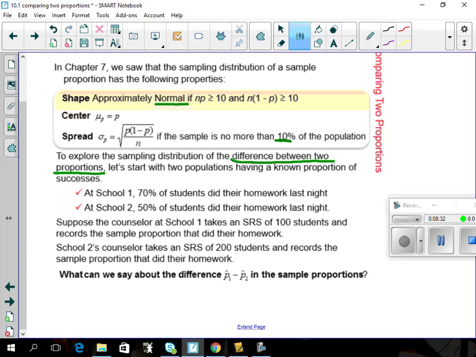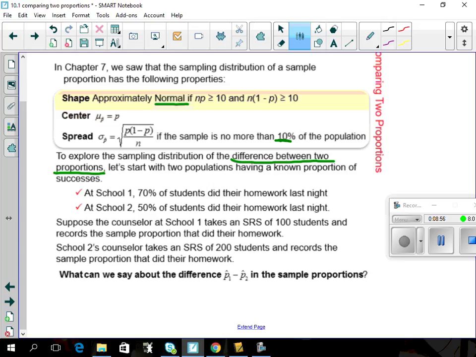So let's say we have two schools. Homework seems to be a big thing that people aren't really wanting to do a whole lot of, so let's compare these two schools. So school 1, we have 70% of the students, and school 2, 50%, okay? What can we say about the difference between those two sample proportions?